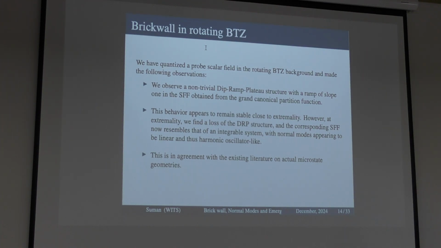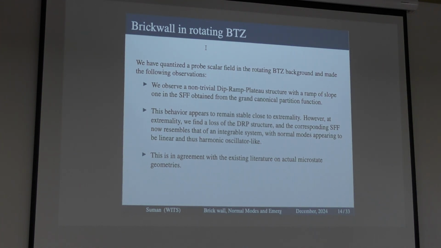There you have rotational parameters, so you can use the rotational parameter towards the extremality, and you can see what will happen at the extremality, because all the known microstate geometries, most of them, are constructed for the extremal black hole, and this is qualitatively similar, you can say, to this microstate geometry picture.